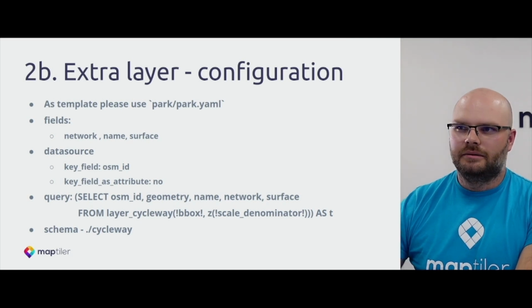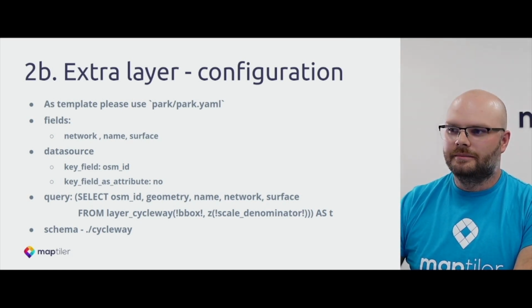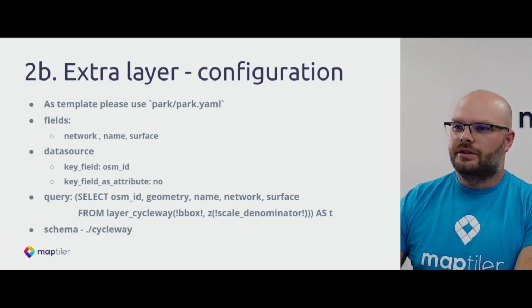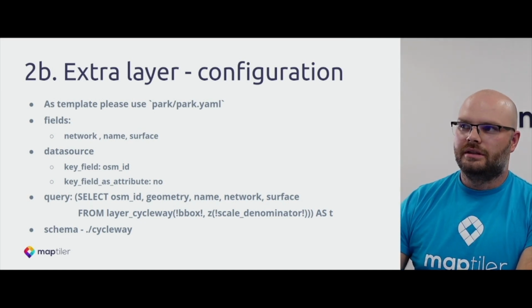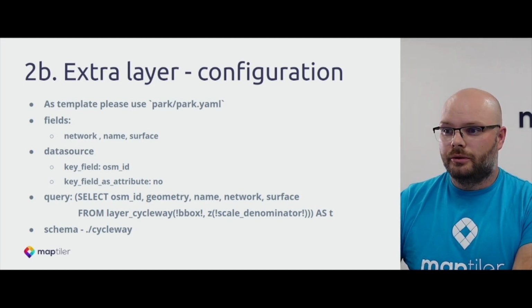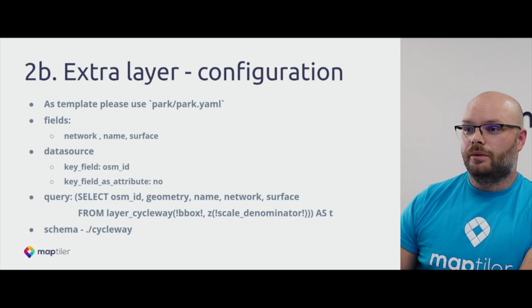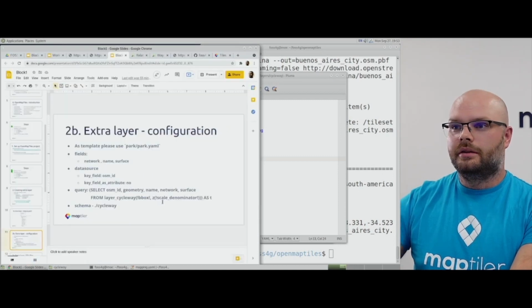The second file we can create is the configuration, which uses YAML, and I will show you in the next slide what fields it has. I will show you in the file.